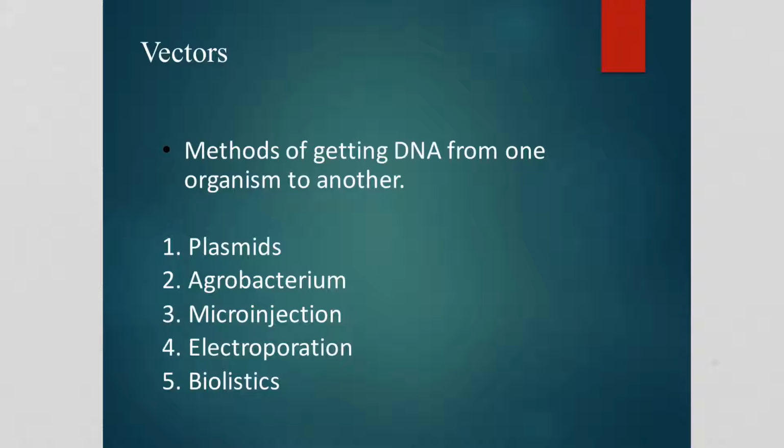I'm going to go over 5 methods of getting DNA from one organism into another: Plasmids, Agrobacterium, Microinjection, Electroporation, and Ballistics, Biolistics. Each of these methods can be applied to a different group of organisms, and you'll see that as I go through them. So not all methods can be used for all types of organisms.